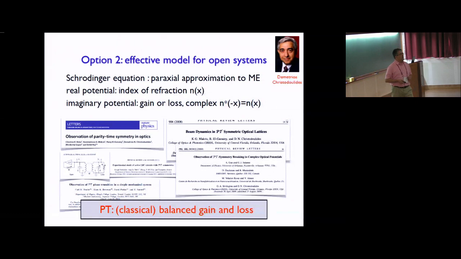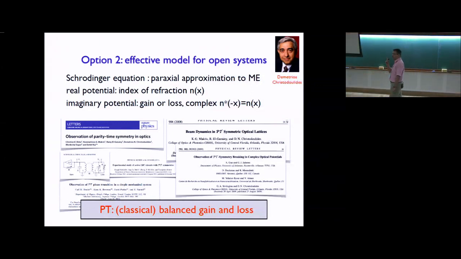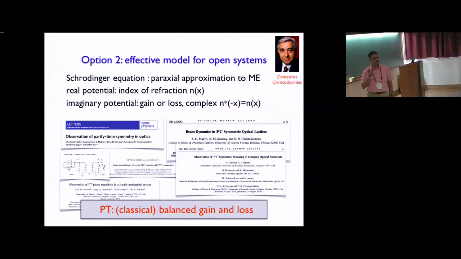In that case, the potential of the Schrodinger equation is replaced by the index of refraction in the waveguide, and we know how to make that complex. Naturally, there is dissipation, which means we know how to have an index of refraction with a negative imaginary part, and with some engineering, you can make it positive as well.